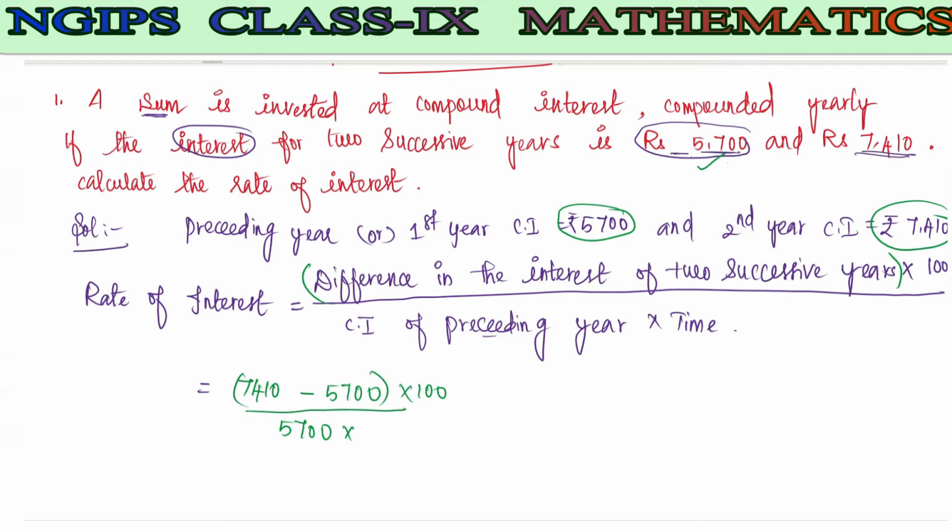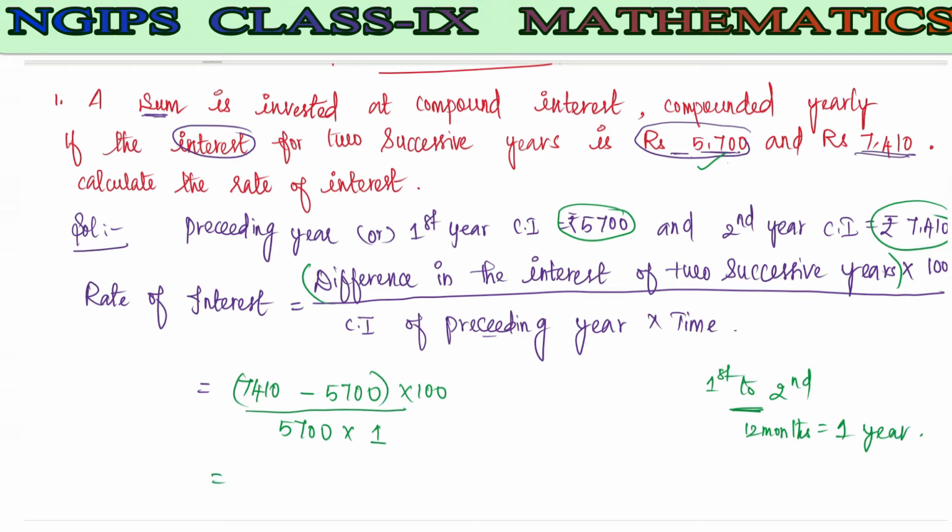Between the first year and the second year there are only 12 months, which is 1 year. So the time is 1 year.